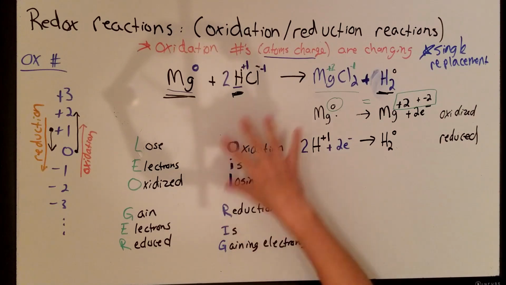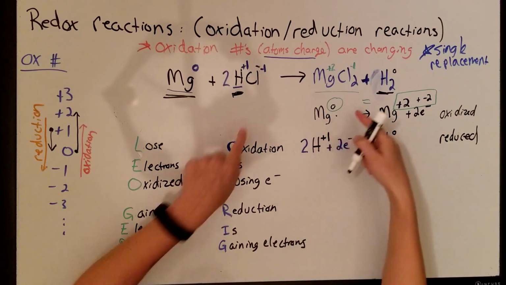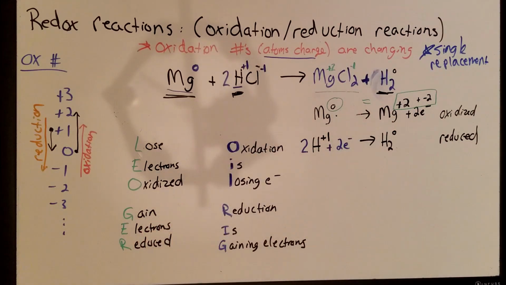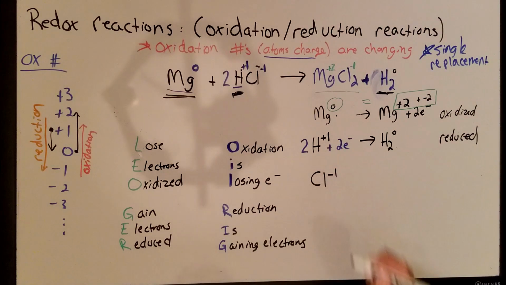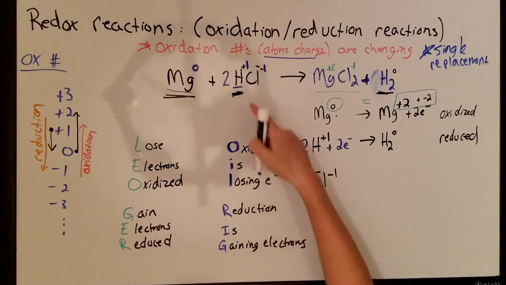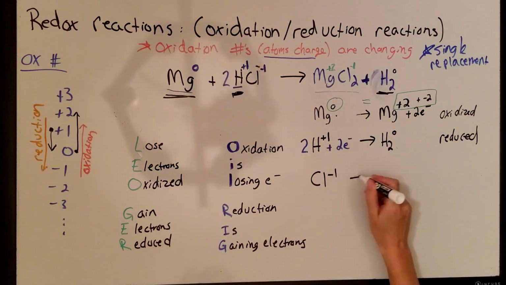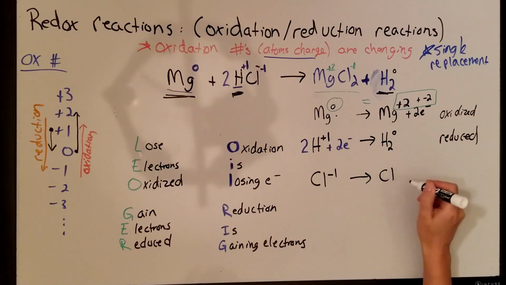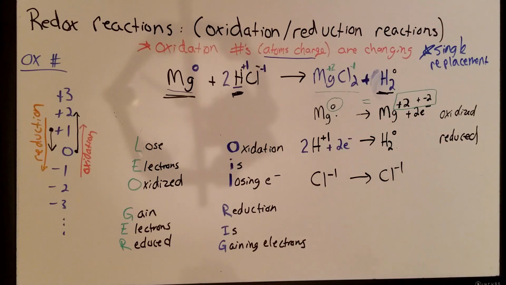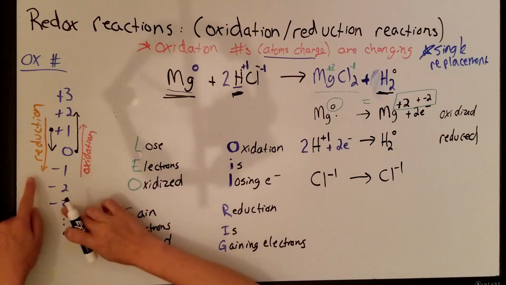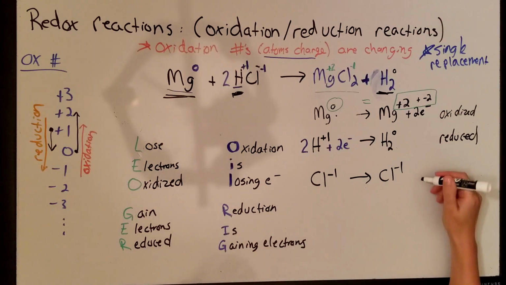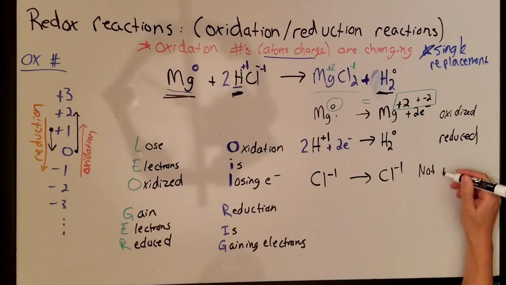Now before we're done with this example, let's look at chlorine because there's still one element present. Okay, so we have chlorine on the reactant side and it's a -1. Going to chlorine on the product side, what's happening to chlorine? Still a -1. So notice, since it did not move on the number line, chlorine was not reduced or oxidized.